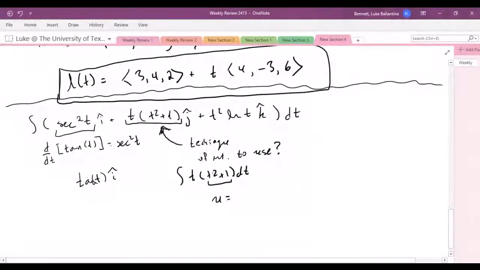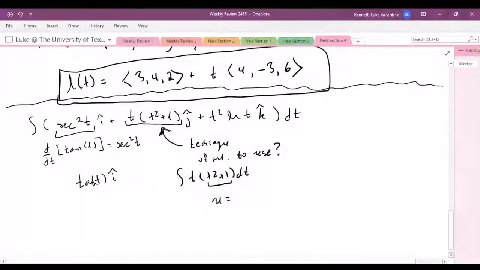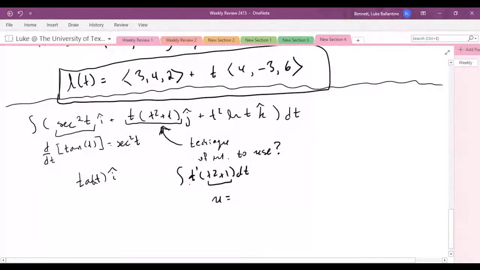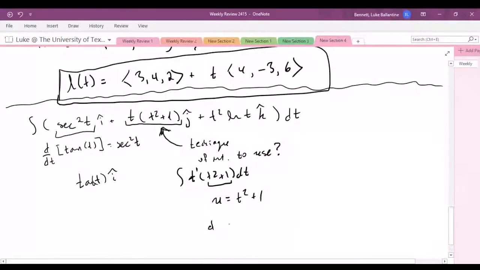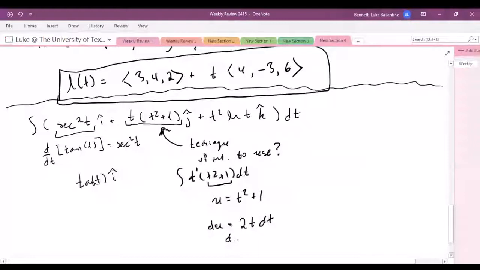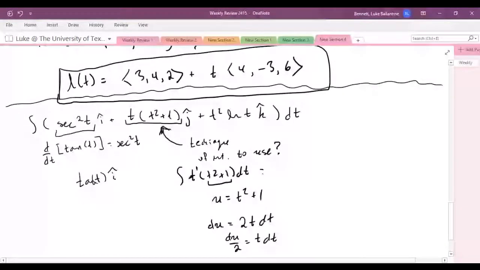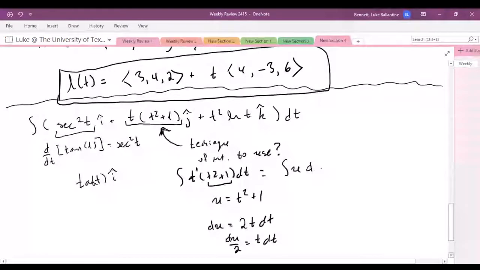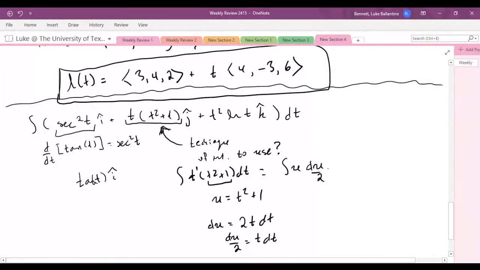We set that for u, and notice the t right here is one power lower. When I find my du, it's going to be one power lower because I take a derivative. Then I can solve for t dt: du over 2 is equal to t dt. And so this integral is really u du over 2.